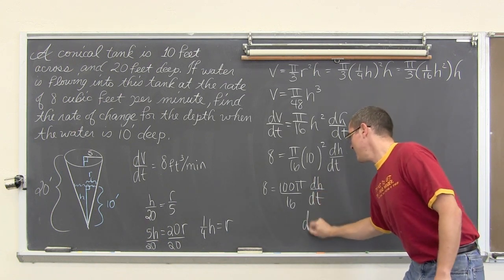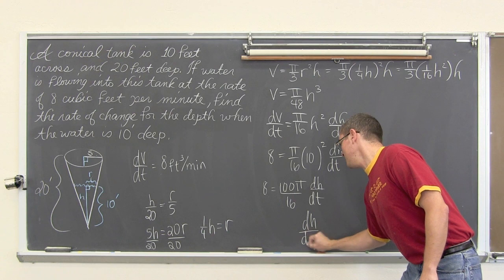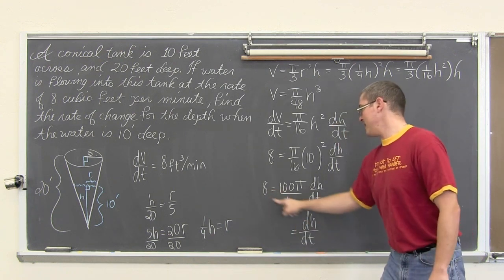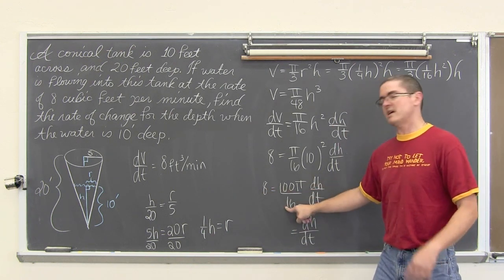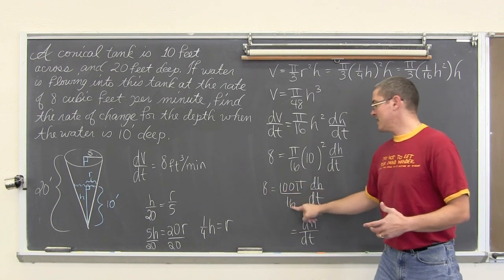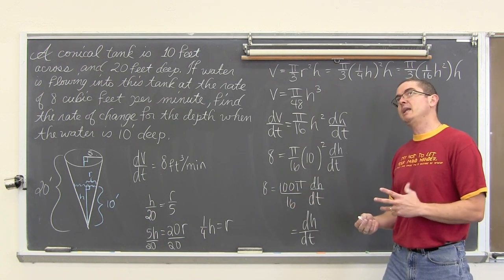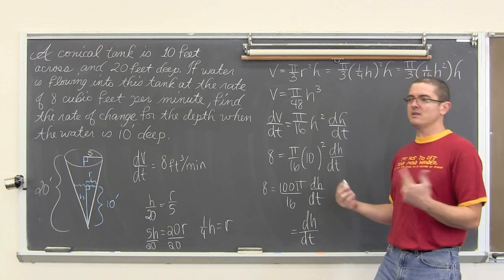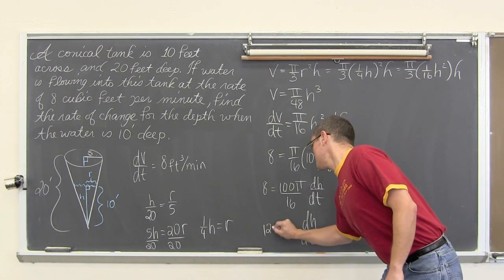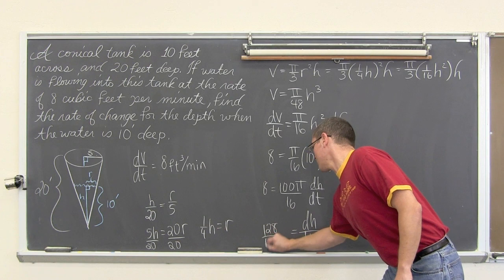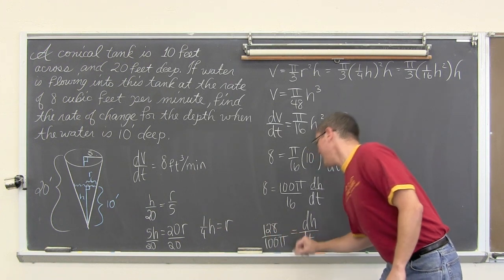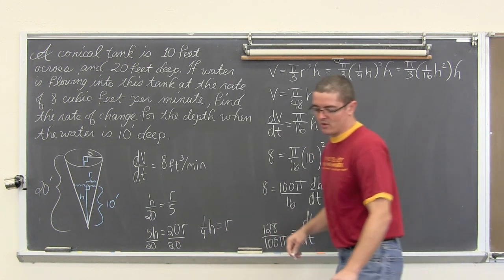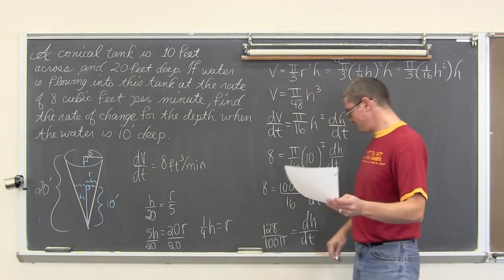That means dh/dt is equal to 8 times 16. 8 times 10 is 80, 8 times 6 is 48, and 80 and 48 is 128 over 100 pi. This is reducible, but I'm going to give you a decimal version of that.